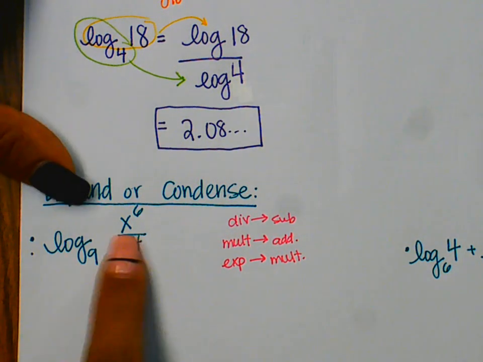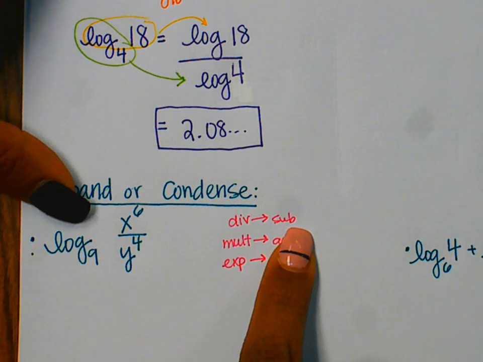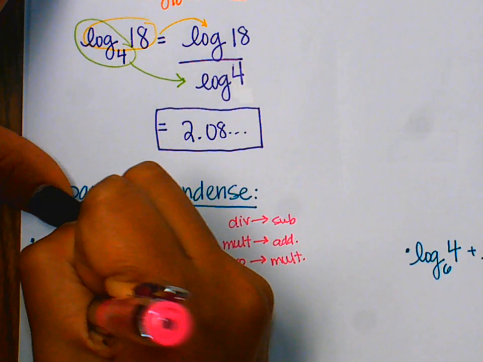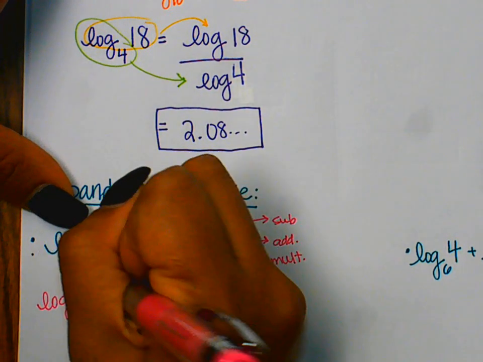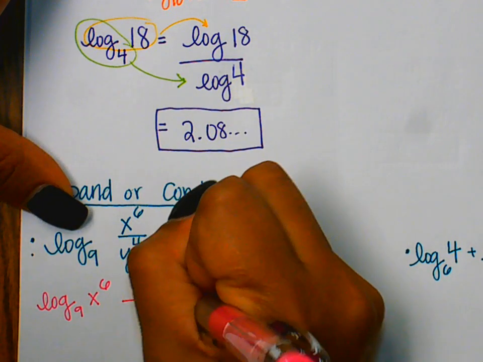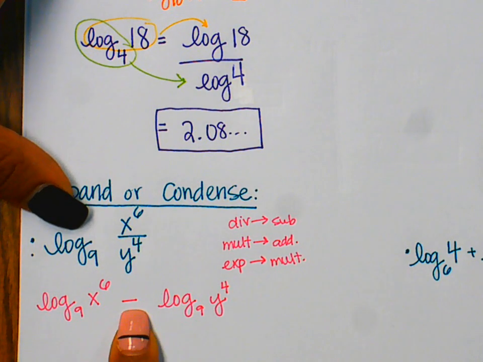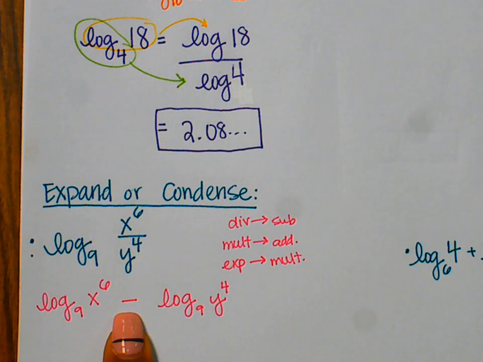So the first thing I want to do is get rid of that fraction. So I want to expand it. Division turns into subtraction. I keep my log and the base the same, and I'm going to separate this, x to the power of 6. I'm separating it with a subtraction. That division just turned into a subtraction problem.